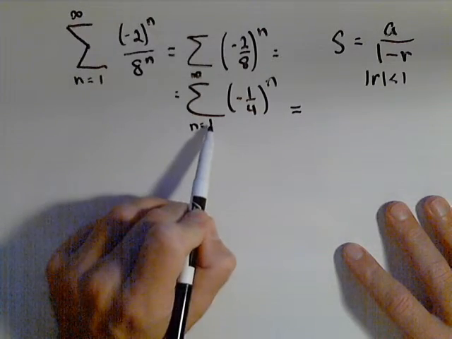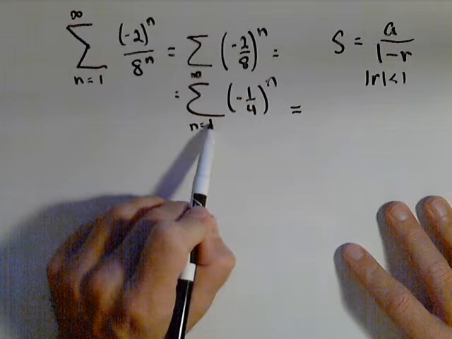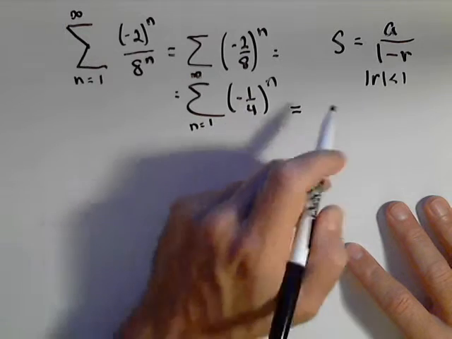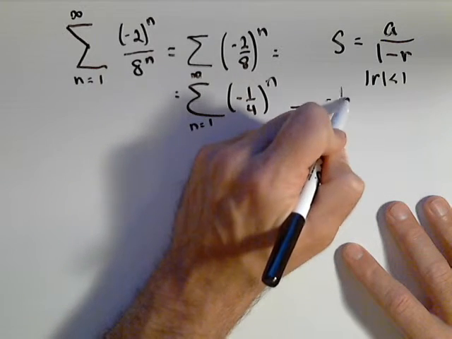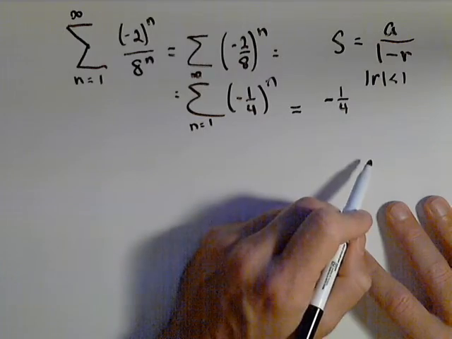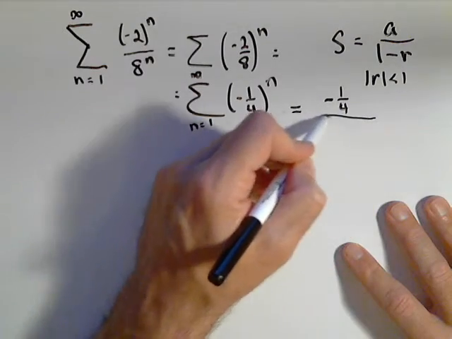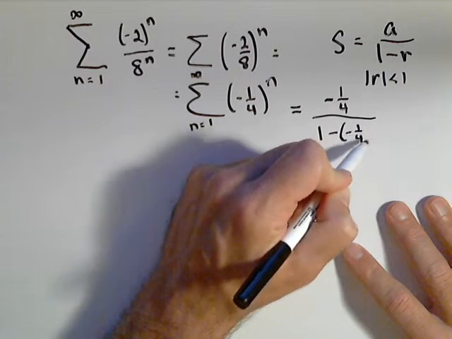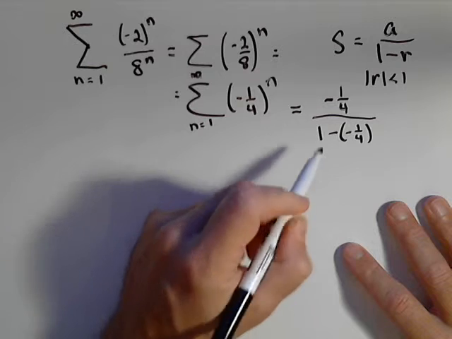So our formula applies, and what we have to do is take the first term, and that's important. Make sure you actually calculate the first term. Because I have n equals 1 for my first term, when I put in 1 here, I get (-1/4) to the first, which is -1/4. So that will be my first term, over 1 minus the common ratio, so 1 minus -1/4. I solve this and I've got it.